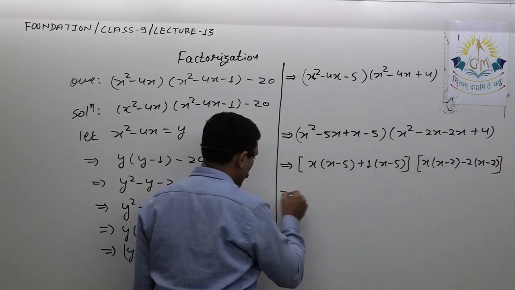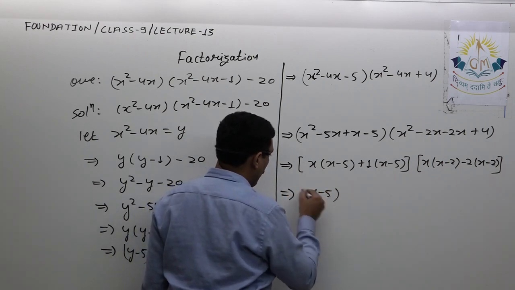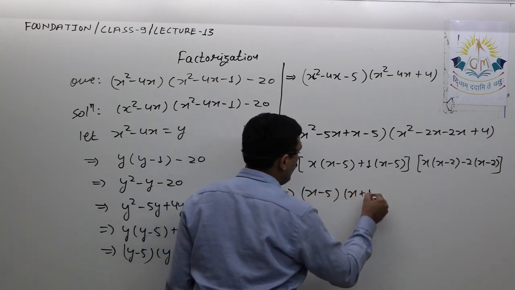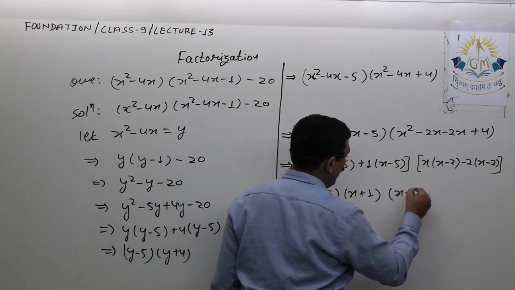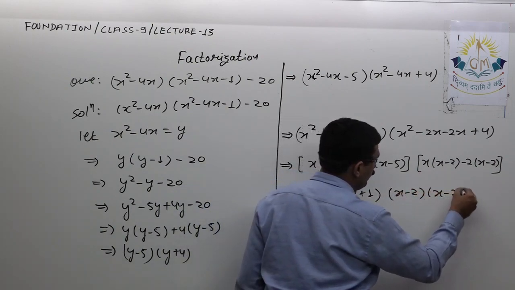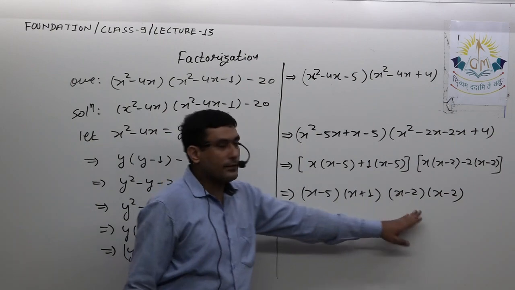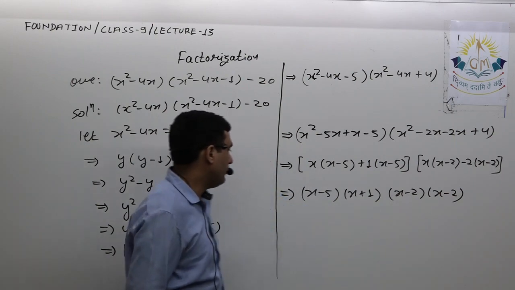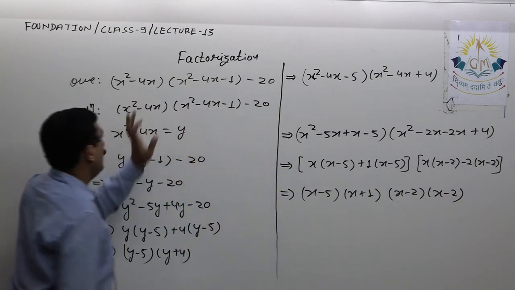So over here it will become x minus 5 x plus 1, and over here it is x minus 2 x minus 2. Okay, or this is actually x minus 2 whole square. So these are the factors of the given expression.